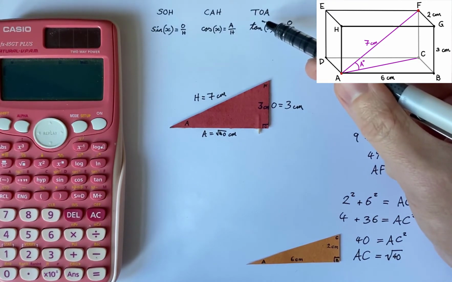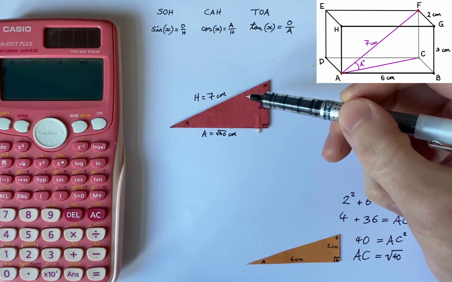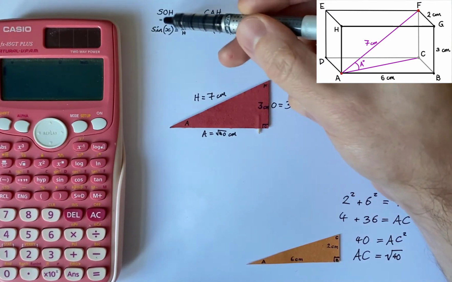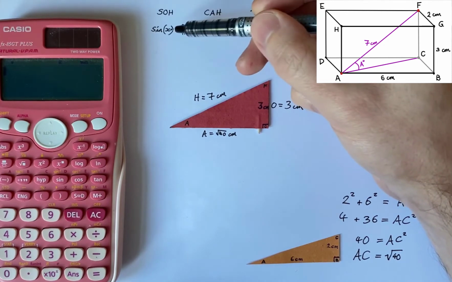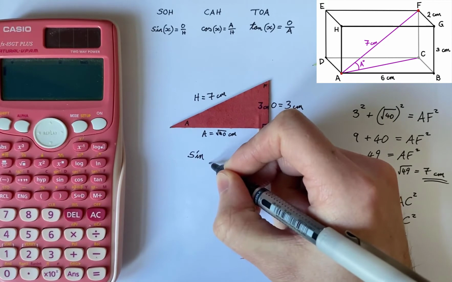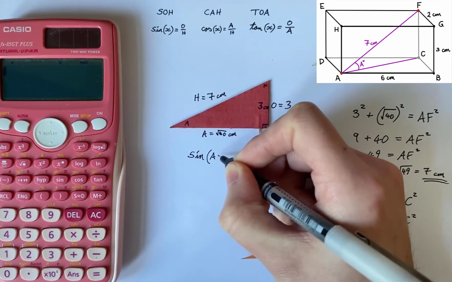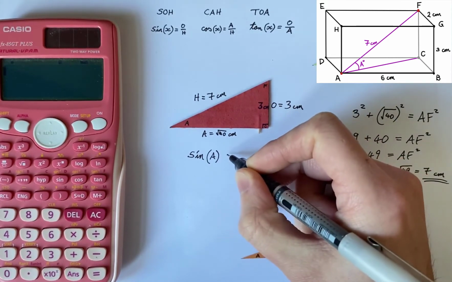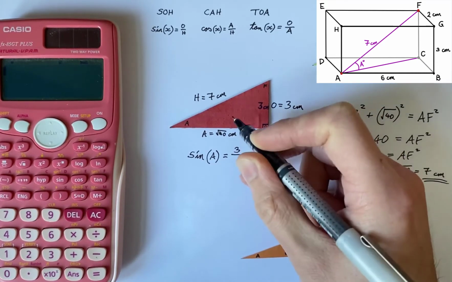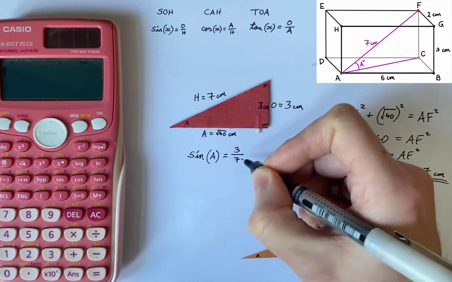So if we look at our SOHCAHTOA to figure out which function we're going to be using for that, if we're talking about using the hypotenuse and the opposite, then you see that it is going to be sine that we're going to be using. So what that means is that sine of the angle, so in this case A, is equal to the opposite, which is 3, divided by the hypotenuse, which is 7.